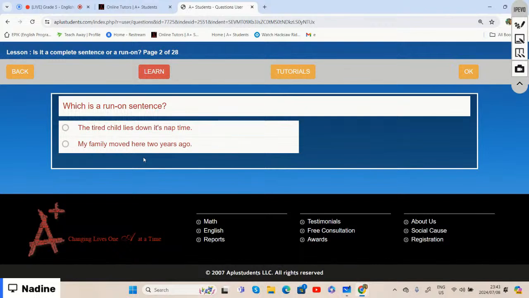We can fix a run-on sentence by having the two sentences stand on their own. So is it option one or option two?